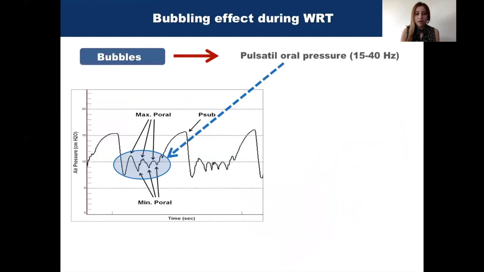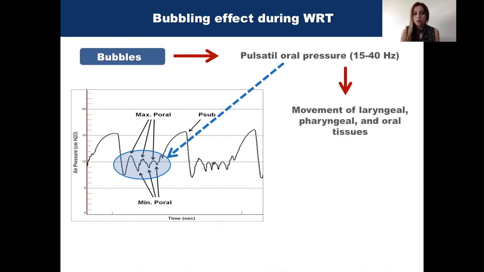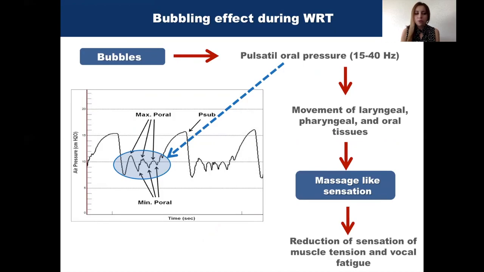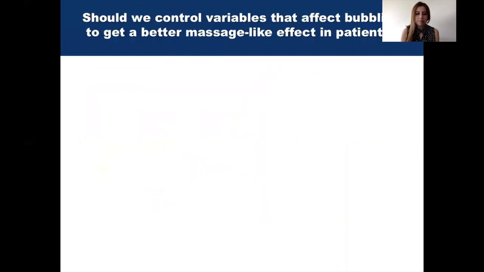Regarding the bubbling effect during WRT, bubbles produce a pulsated oral pressure, whose frequency is between 15 and 40 Hz, which in turn is supposed to cause movement of laryngeal, pharyngeal, and oral tissues. Generating a massage-like sensation, patients usually report a reduction of the sensation of muscle tension and vocal fatigue.